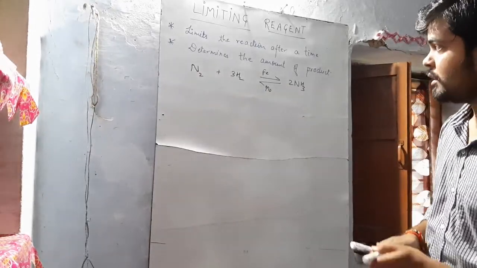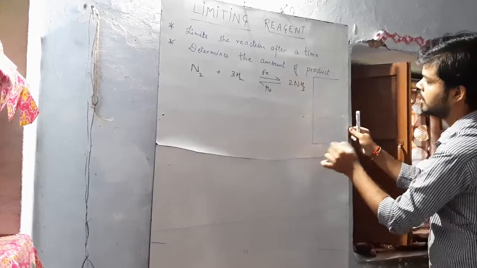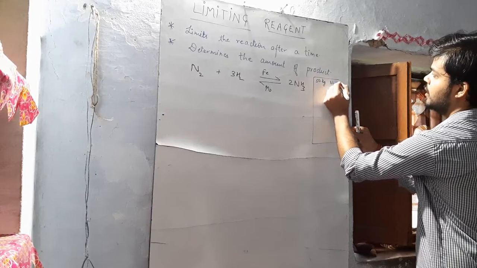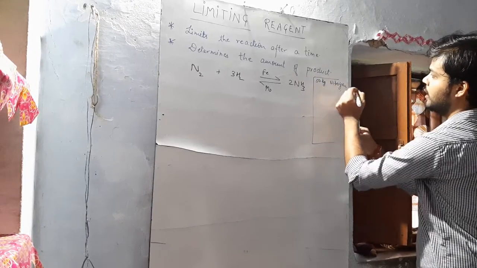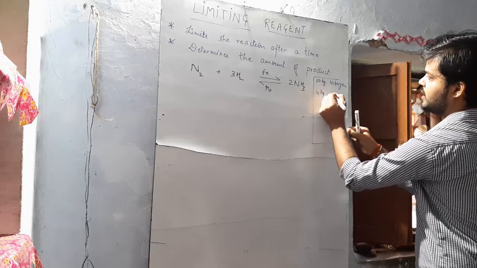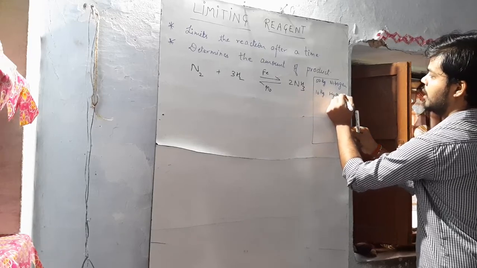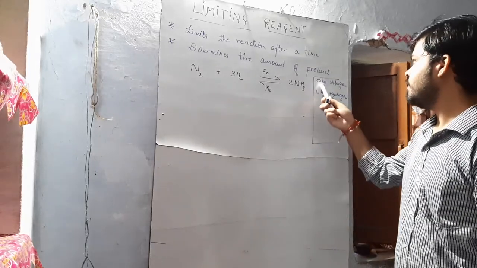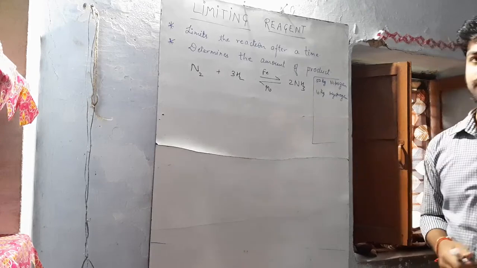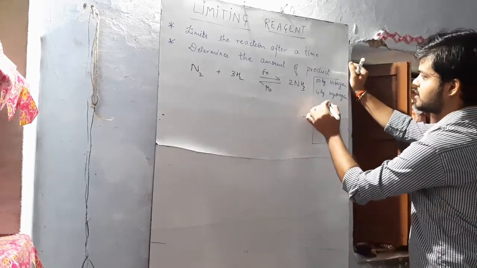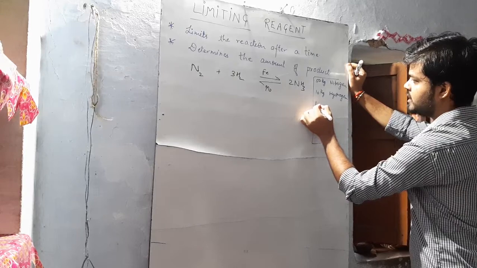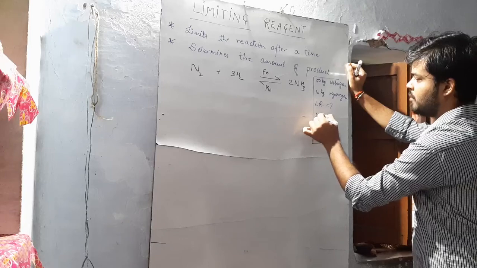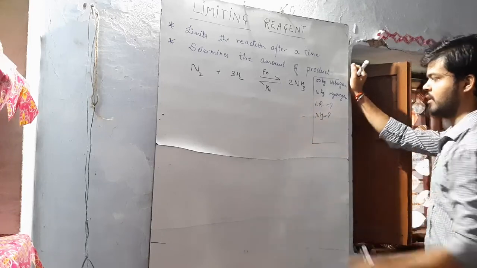Now, the question says we have 50 kg of nitrogen and 10 kg of hydrogen. We have been provided with 50 kg of nitrogen and 10 kg of hydrogen. The question is asking about what is the limiting reagent, LR stands for limiting reagent, and the amount of ammonia formed.